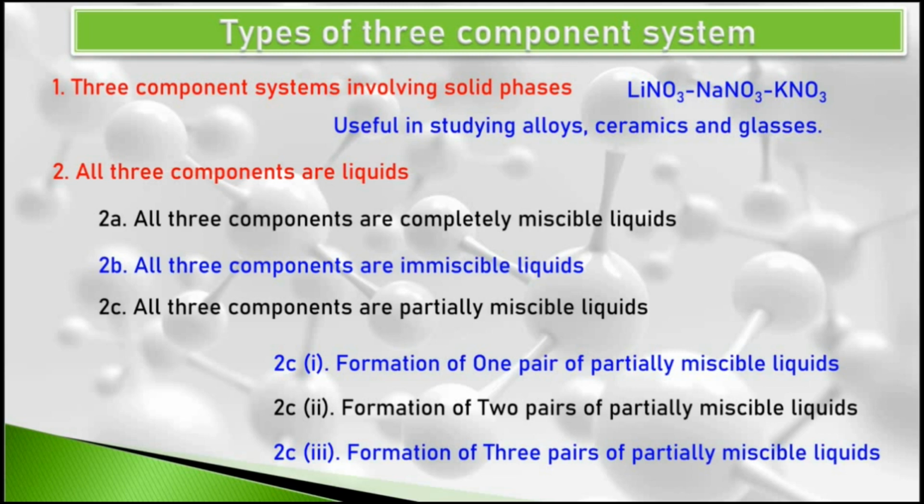So three-component liquid systems can be divided into three cases, and the third one, where the components are partially miscible liquids, can further be divided into three more types. Today we are going to study the first one, three-component systems which form one pair of partially miscible liquids, and the third component is miscible in both the components.